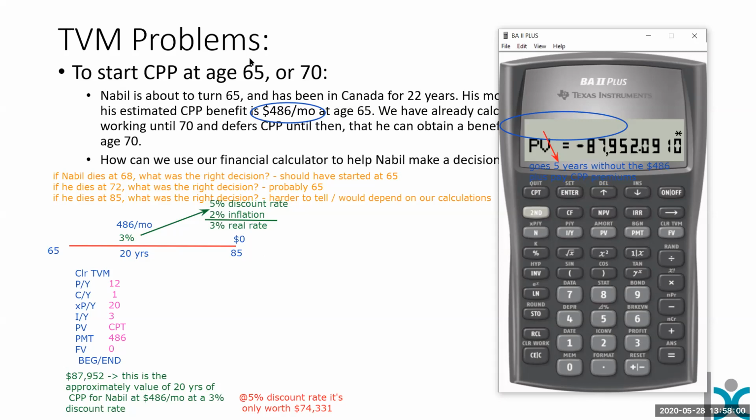Okay, so that's kind of what we're going to get to here, Mark, right? So now let's look at just a couple of other hypotheticals here. What if he lives to 80?